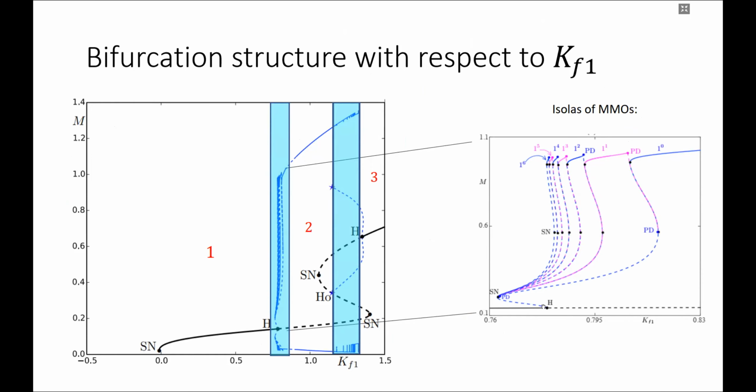So for decreasing values of Kf1, we have an increase in the period of the MMO. Also, you can observe here that there are period doubling bifurcations. And I should say that this structure of the presence of isolas and period doubling bifurcations is very characteristic for systems that exhibit the behavior of mixed mode oscillations.